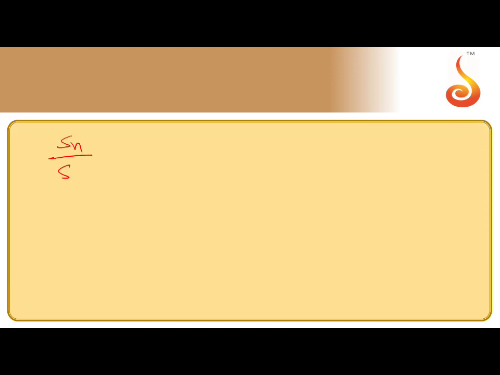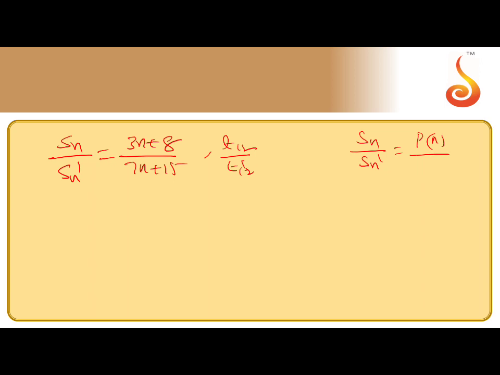They are given Sn by Sn dash is 3n plus 8 by 7n plus 15. So you have to find T12 by T12 dash. Normally solving is a very long process. I will give one short formula for this. Sn by Sn dash is some P of n by some Q of n, just a function of n.